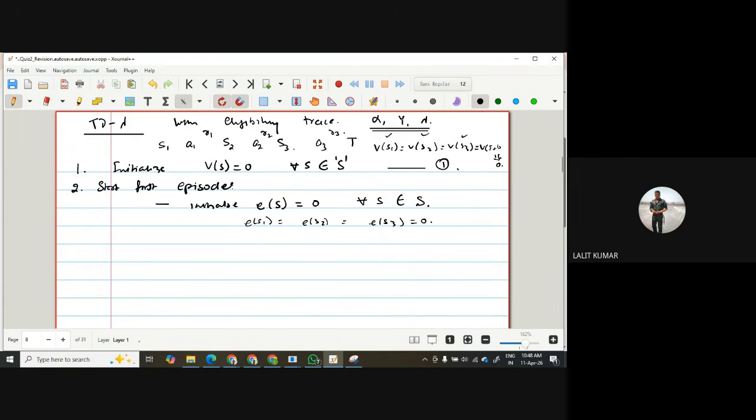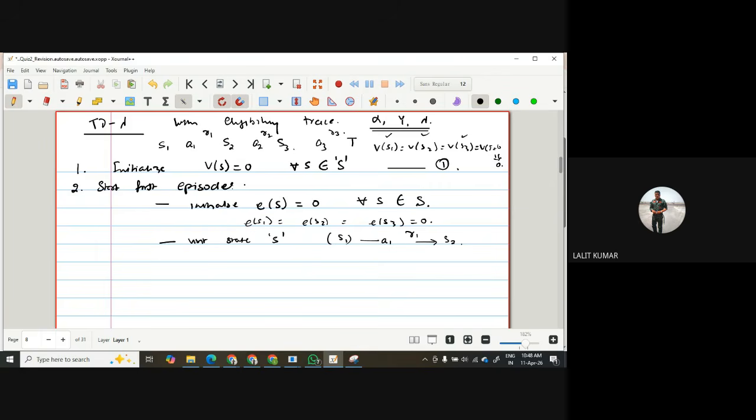So start the first episode. Visit state S. For example, here we have gone to S1. You take action A1, get reward R1, and reach state S2.